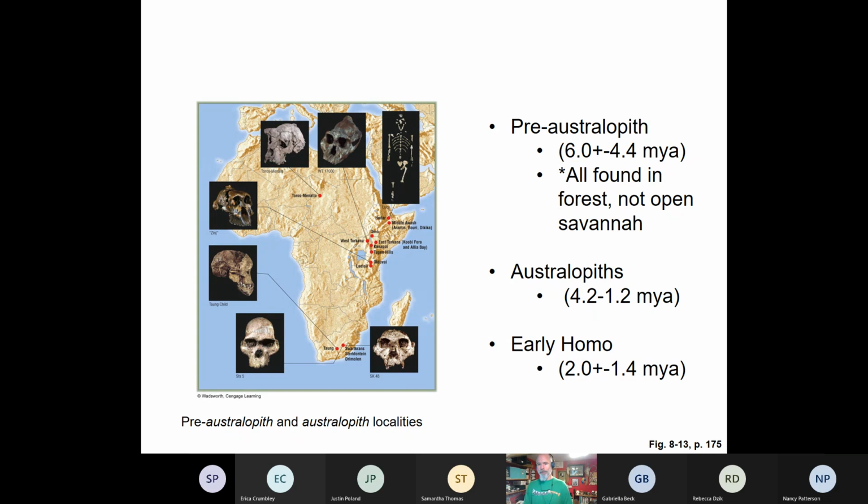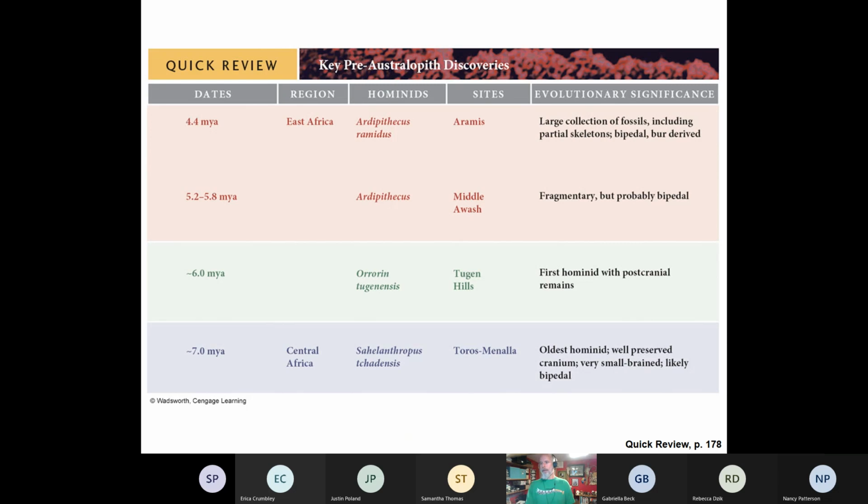We're going to also look at Australopiths, which we'll talk about in early Homo in this sequence. So the time range is hard to grapple with because it's such a mass number of years. But the first pre-Australopithecine, it's not the first that was found, but the oldest that was found, is Sahelanthropus at 7 million years ago.